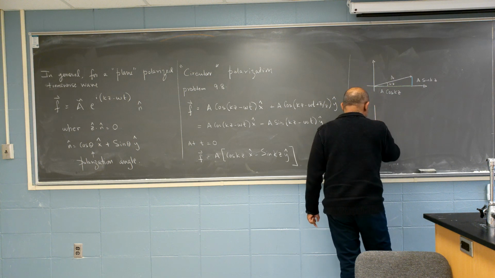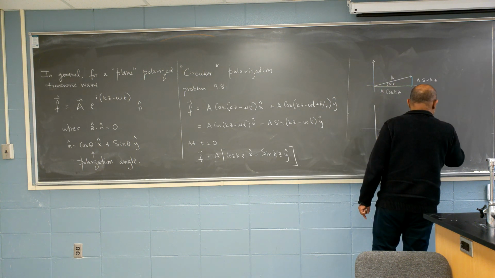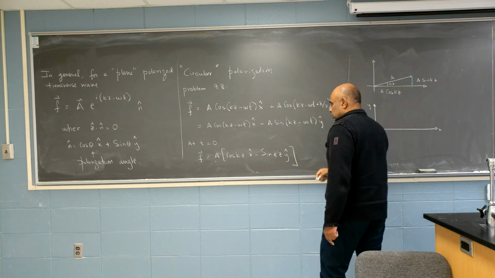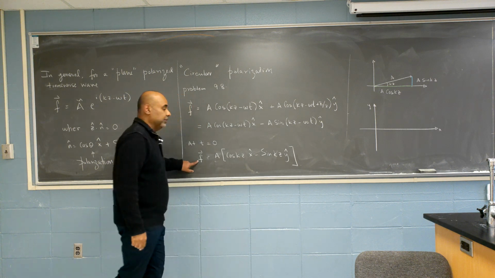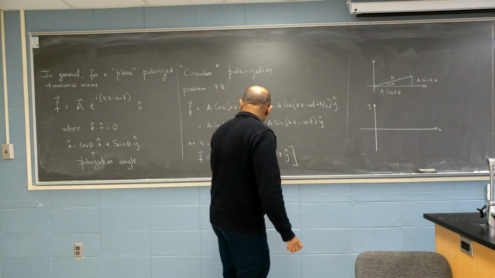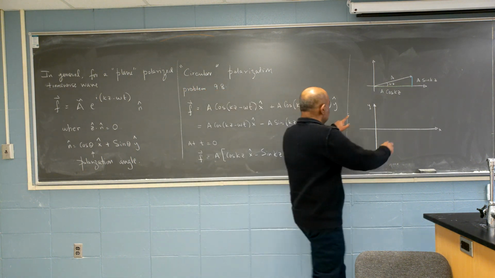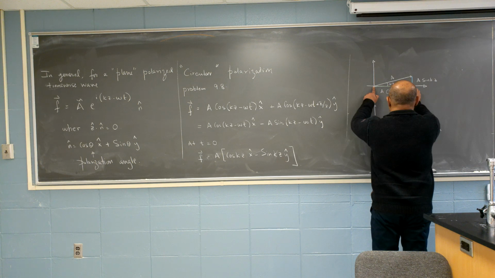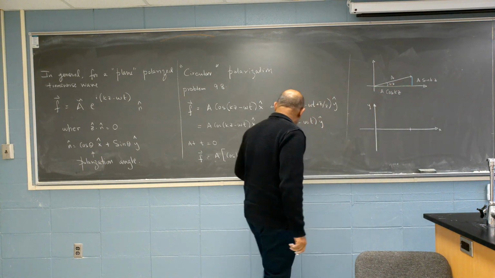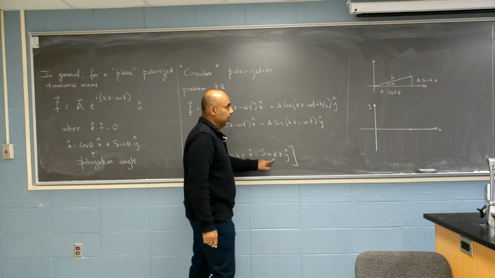Now let me draw the xy plane. And I'm going to graph or plot the point F. So in the x direction, I need to go A cosine kz long. So I'm going to do this and mark this over here. Then I need to do a minus sine kz in the y direction.